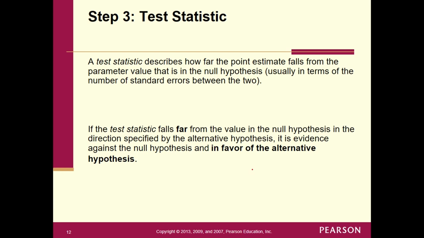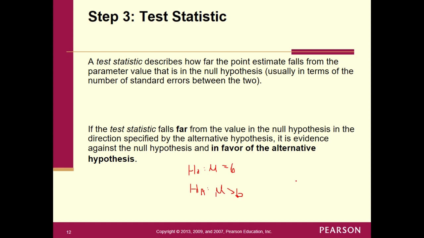So in other words, let's say that we go ahead and test if mu is equal to, say, 6, and then the alternative, we test mu is greater than 6.